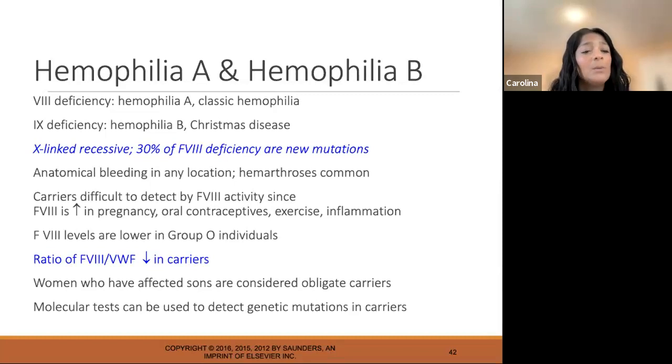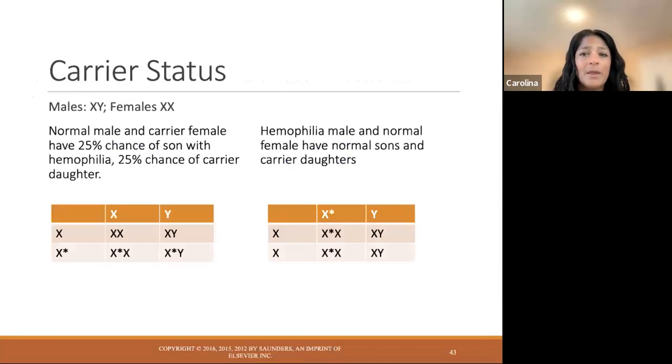Women who have affected sons are considered to be obligate carriers, and we can use molecular tests to detect the genetic mutations in these carriers. So again, this is the way that these X-linked inherited disorders are expressed. Males have the XY chromosomes, females have the XX chromosomes.